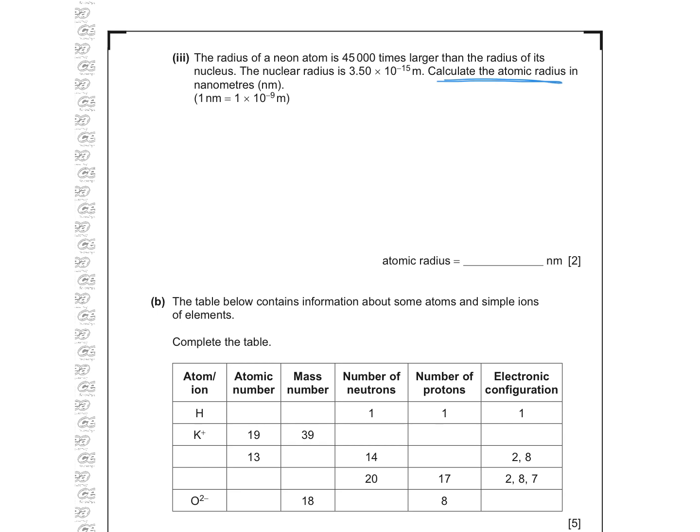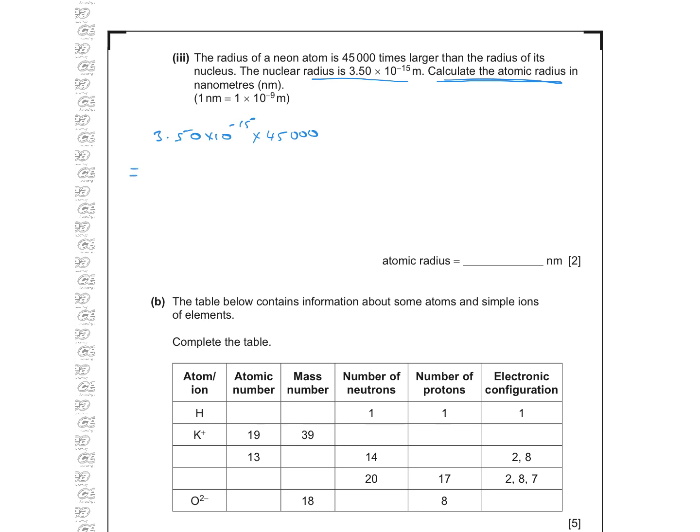Well, if the nuclear radius is 3.50 times 10 to the minus 15, then the atomic radius will be the nuclear radius times 45,000. Remember, the question has told me that the radius of an atom is 45,000 times larger than the radius of the nucleus. So that's why I'm multiplying these two together.